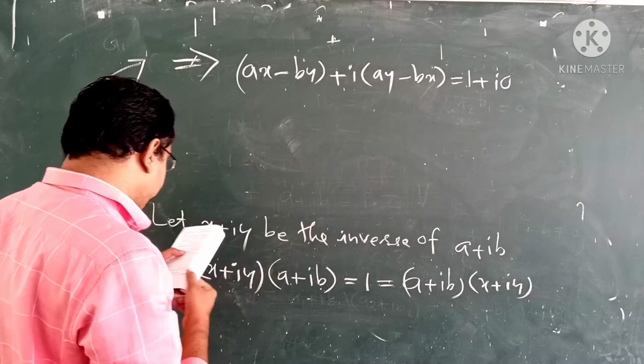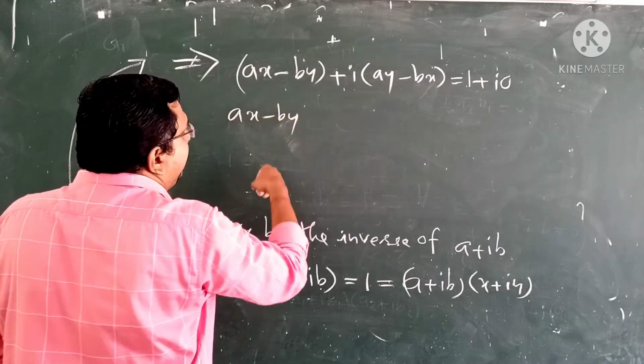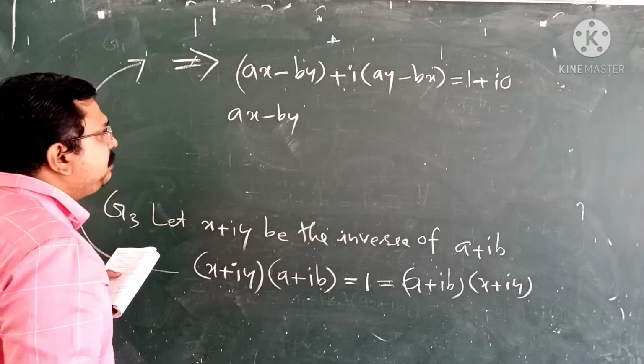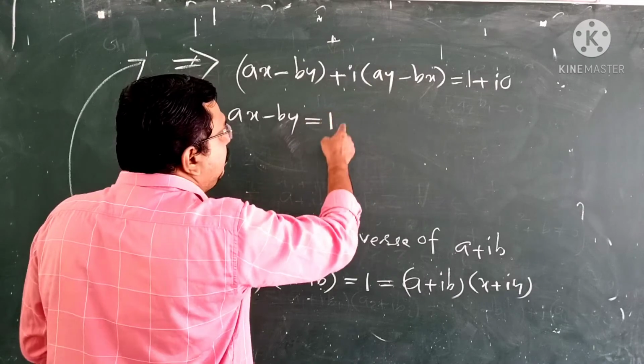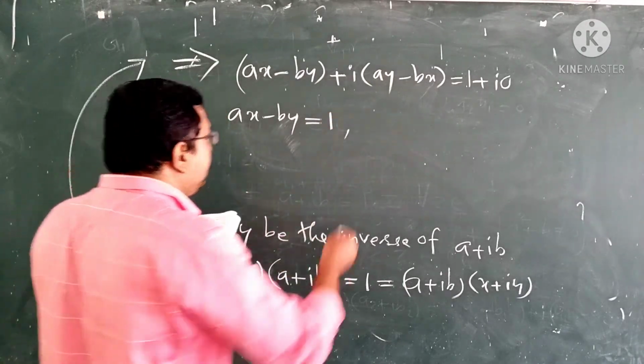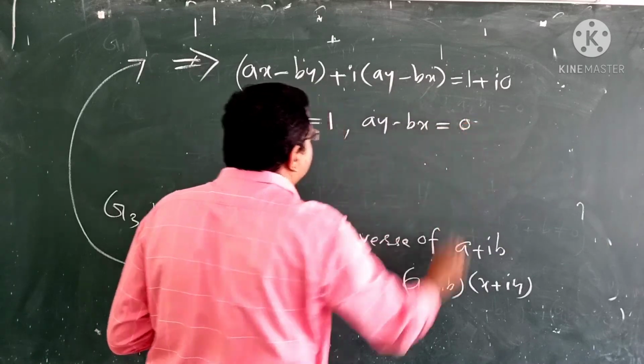That is ax minus by equal to 1, comma, ay minus bx equal to 0.